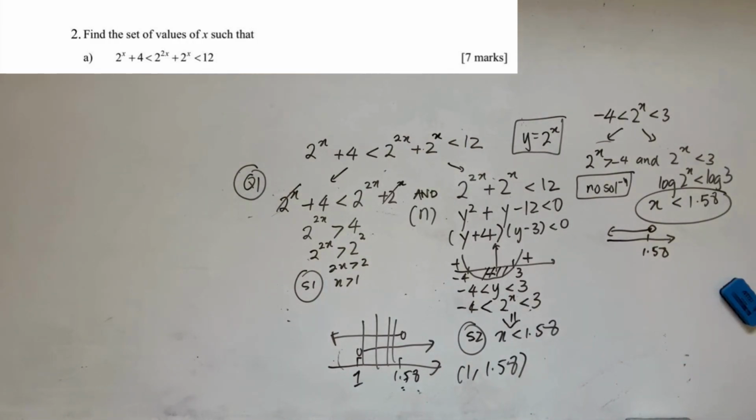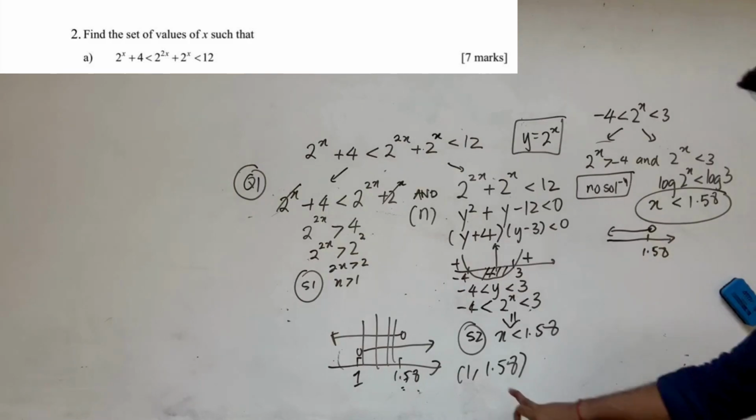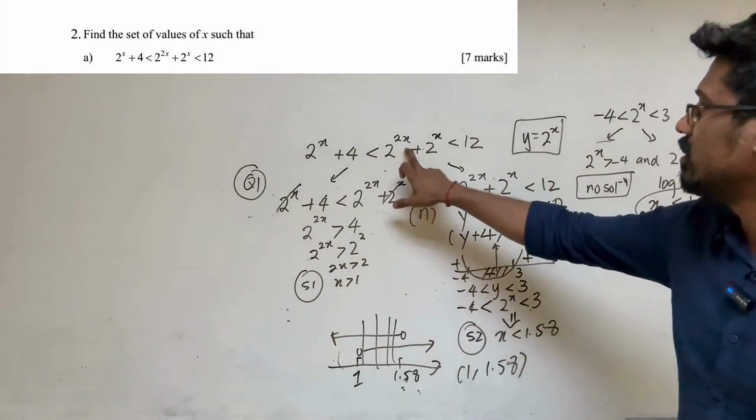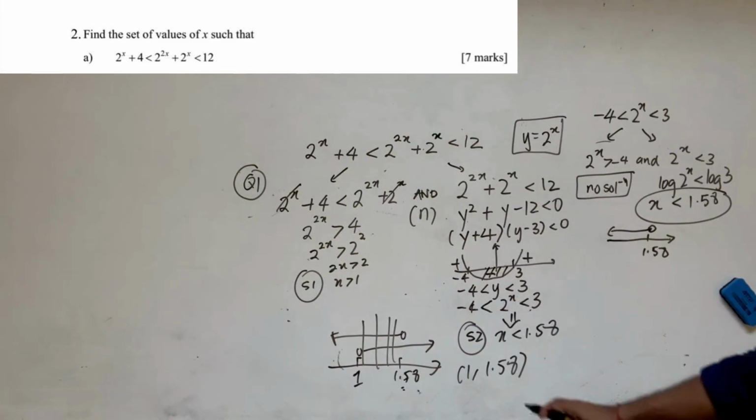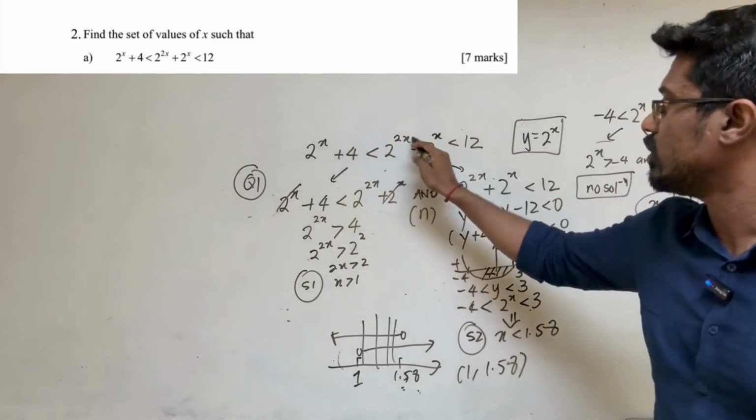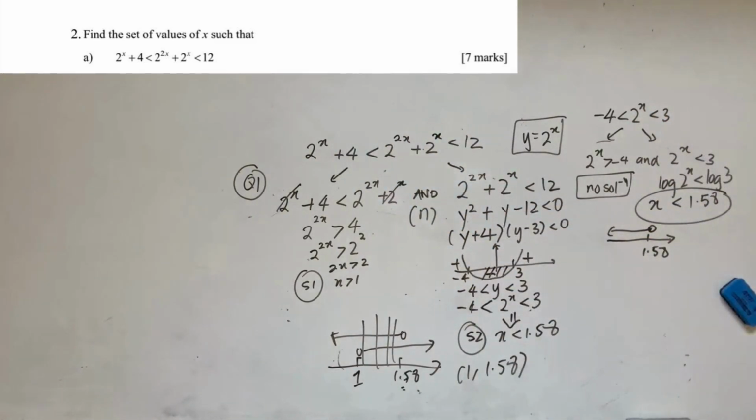If you want to know whether what you have done is correct or not, you can pick any number in this interval. Just substitute and see whether it's true or not. For example, you can take 1.1 and replace here. Maybe for our own satisfaction, we can do that. Say I take 1.1 plus 4.